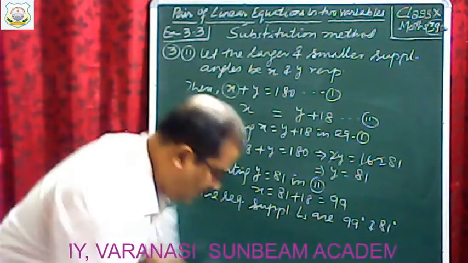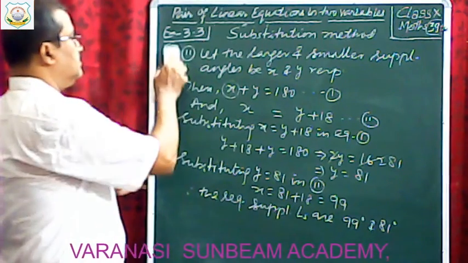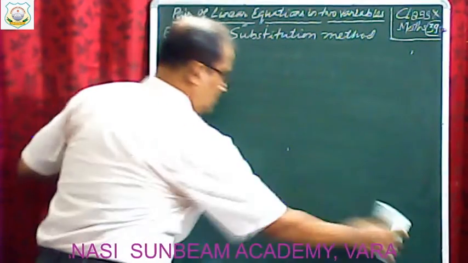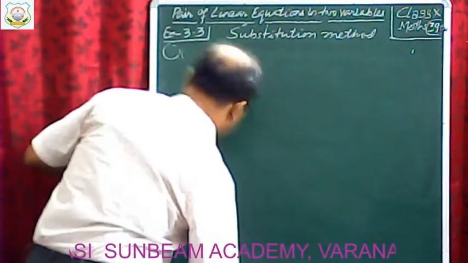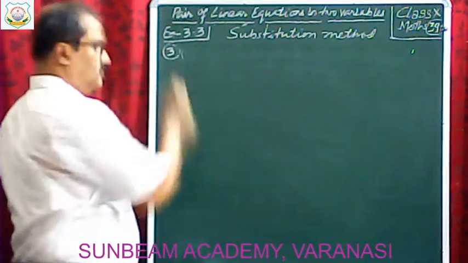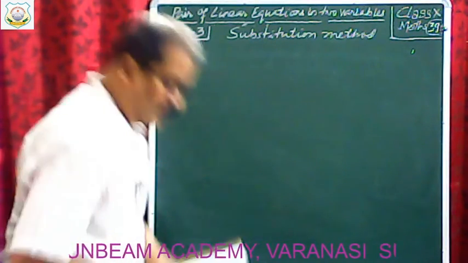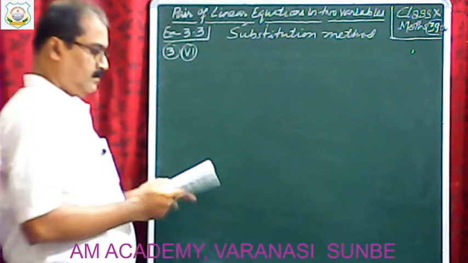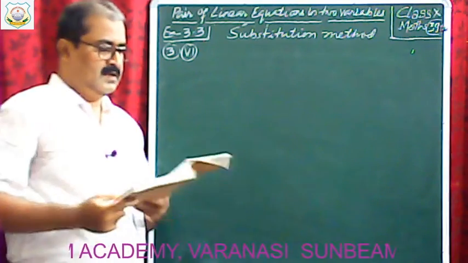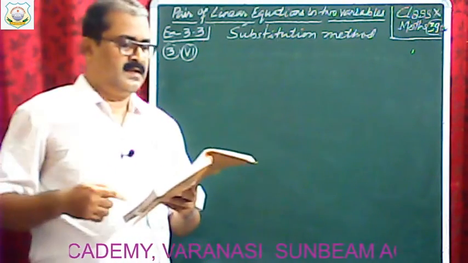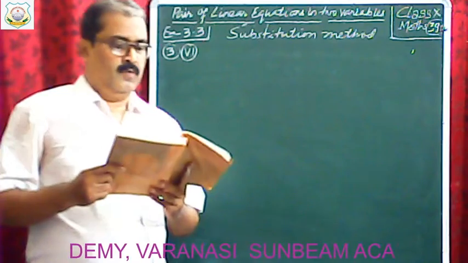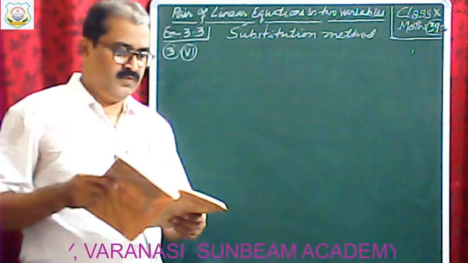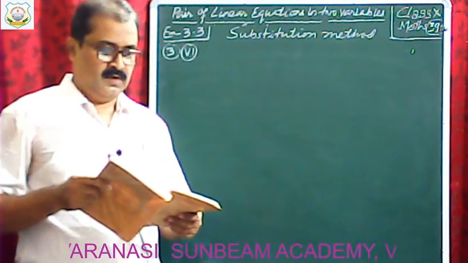Okay, one more. Question number 6. Okay, let's see what sum. 5 years hence, the age of Jacob will be 3 times that of his son. 5 years ago, Jacob's age was 7 times that of his son.